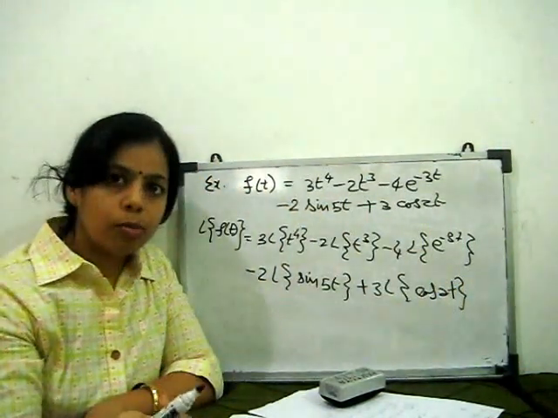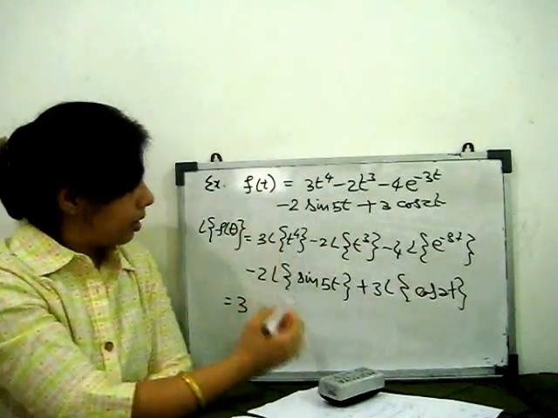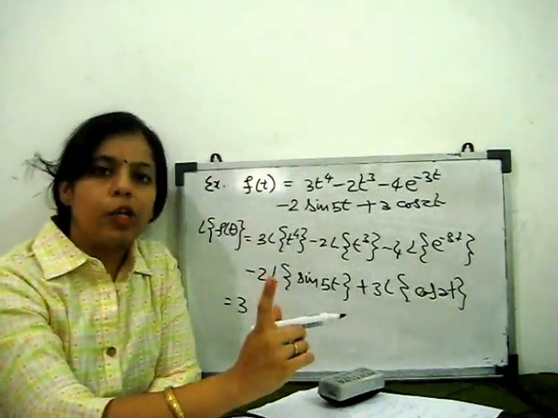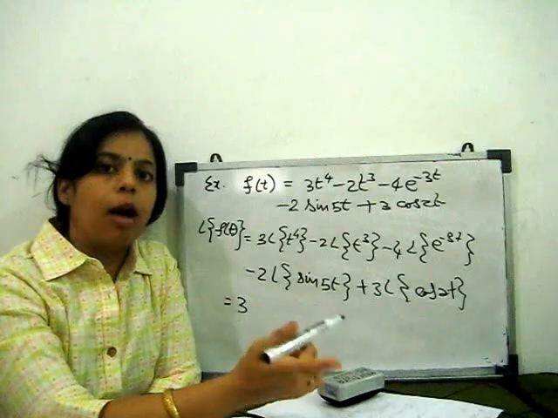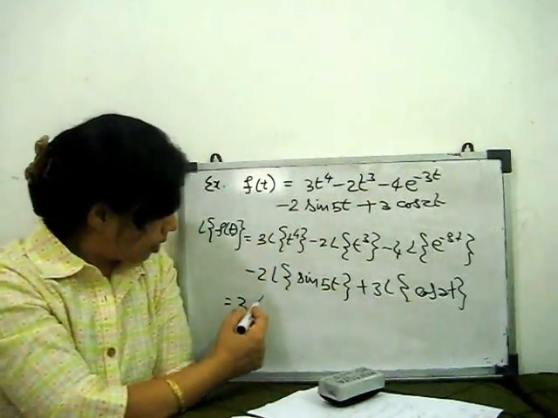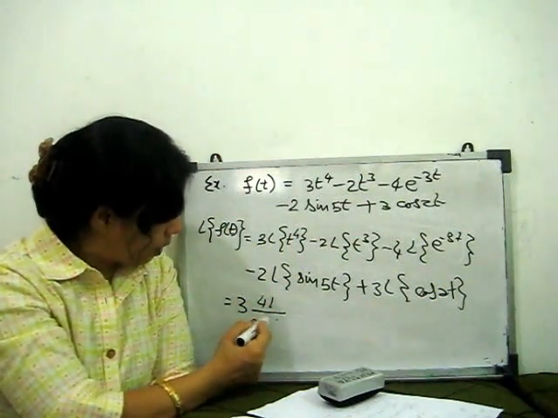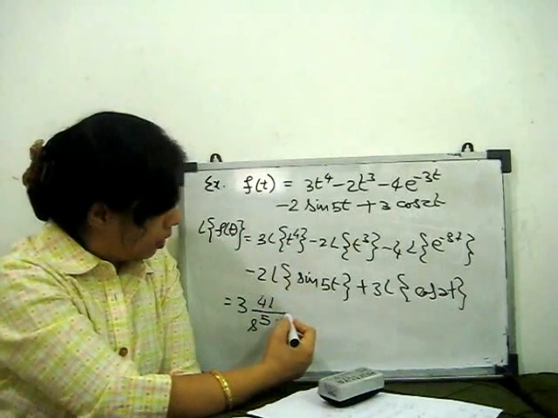Now if you remember the formulas, you apply them one by one. For 3t to the power n, what is the formula? The Laplace of t to the power n is factorial n upon s to the power n plus 1. Here n is 4, so factorial 4 upon s to the power 5.